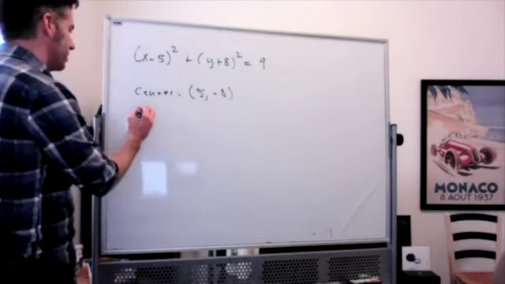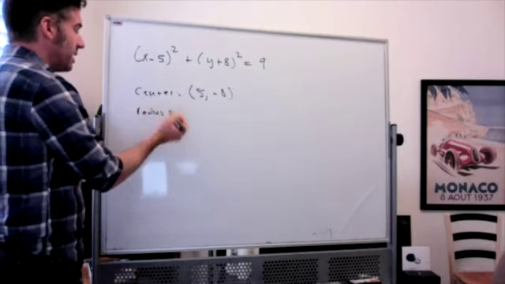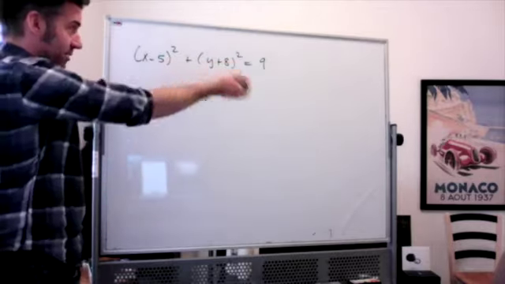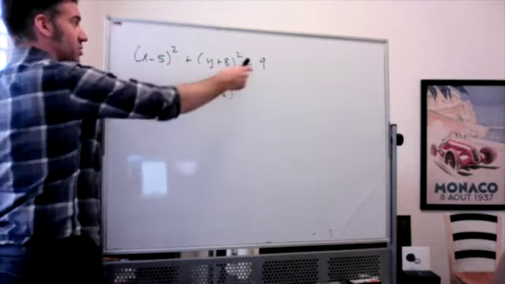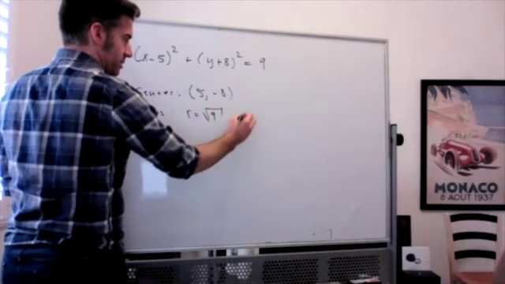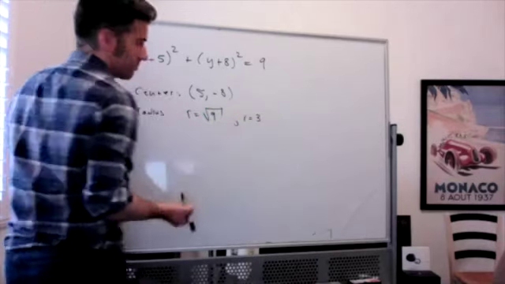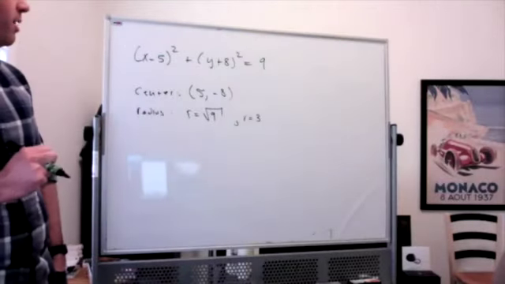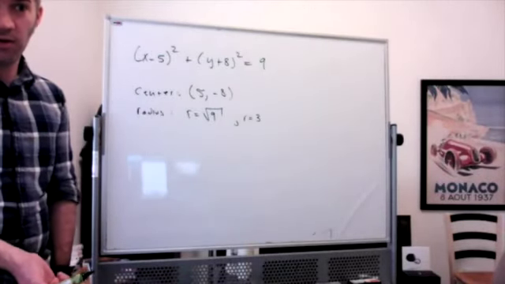So it is an important point, but it's not a point on the circle. And then the radius, if the equation is written in this standard way, the radius is the square root of that number, which in this case happens to be 3. Really, it's coming from the distance formula.